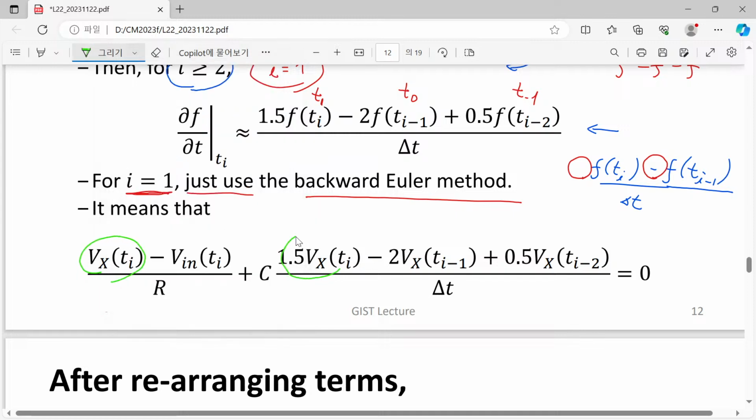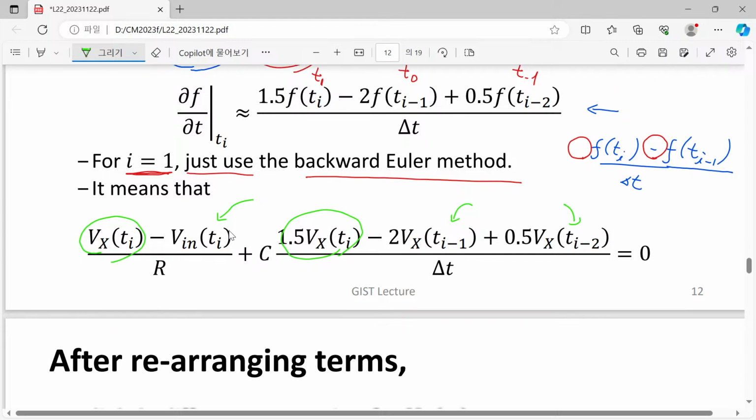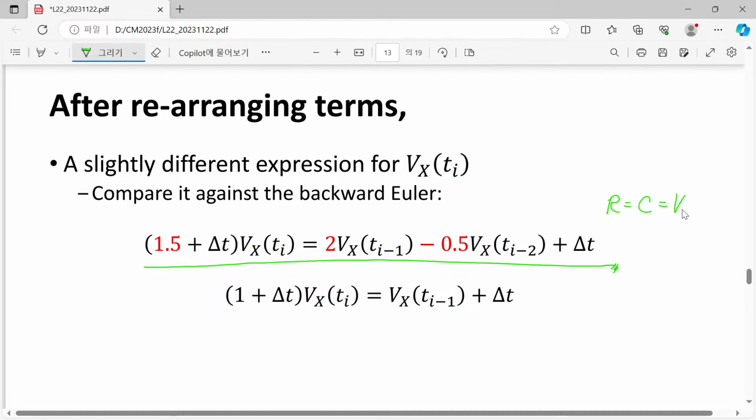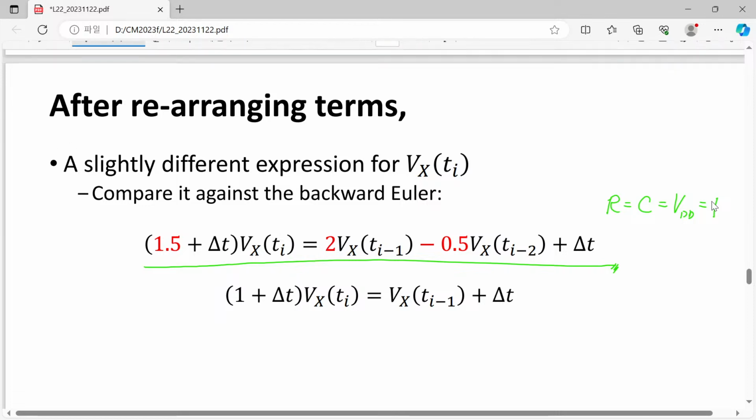These are unknown variables and they are past values, and this is a given function of time. So after rearranging terms, we can easily understand this is the form for our v sub x when everything is normalized: R equal to C equal to V_dd equal to 1 with their own unit values.